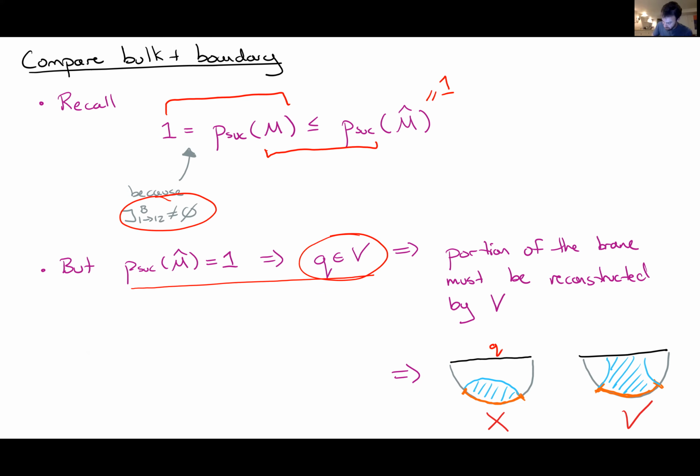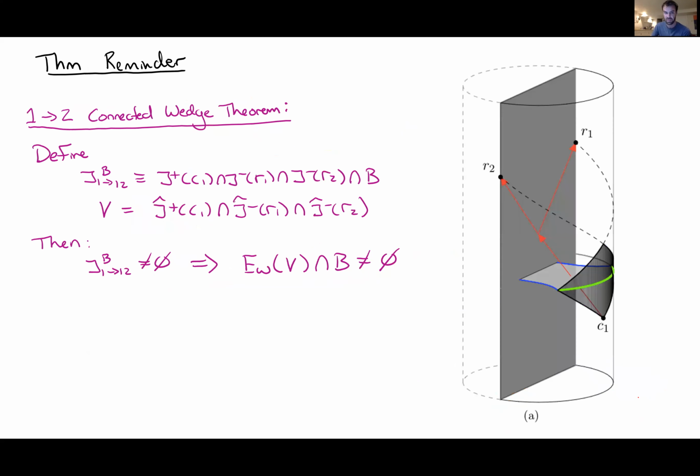Q was in the brane. V is this boundary region. And so for the boundary to know Q, it must be that its entanglement wedge attached to the brane. So yeah, because this is how entanglement wedge reconstruction works. V only knows Q if it's inside the wedge. Okay, and that gives you the theorem, right?